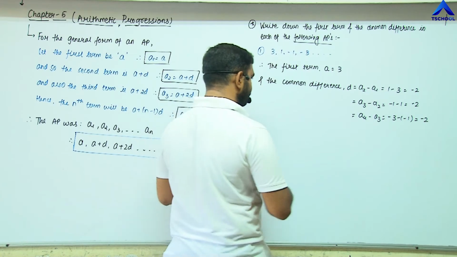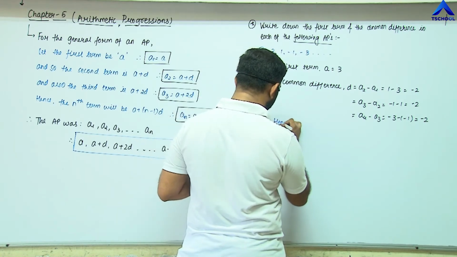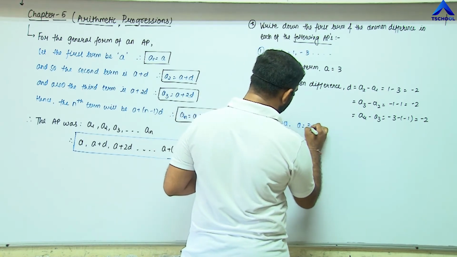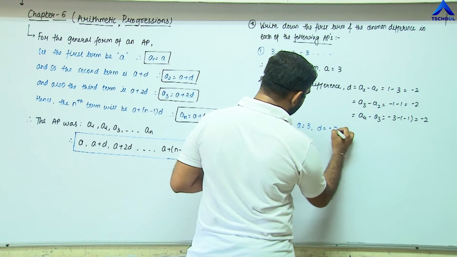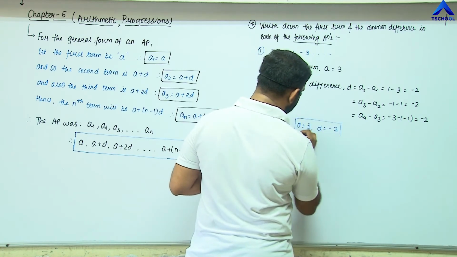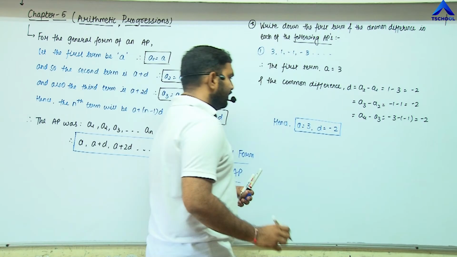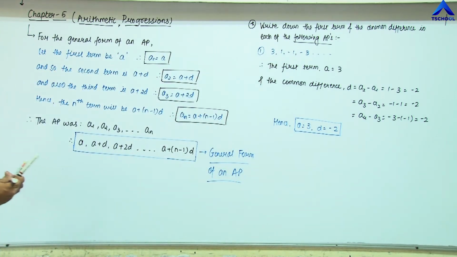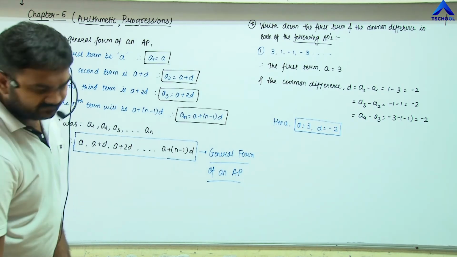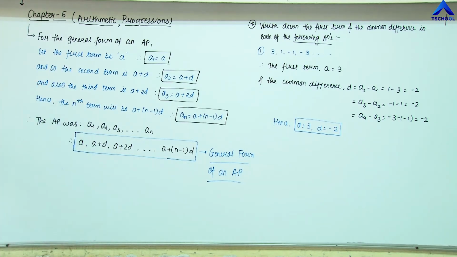Hence the first term a equals 3 and the common difference d equals minus 2, right? So that is the answer to the first arithmetic progression, to find the first term and the common difference of the given AP. Is it clear, friends? Okay, let us solve one or two more of the same kind, then we can move further to how to recognize whether the given list of numbers forms an AP or not.